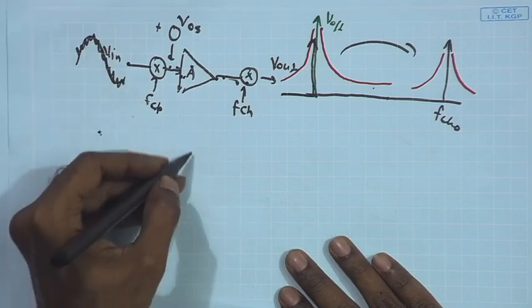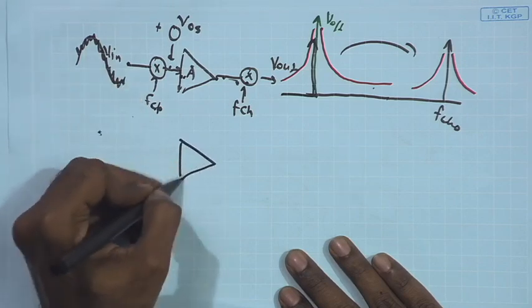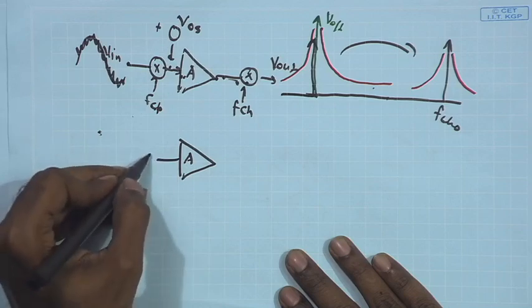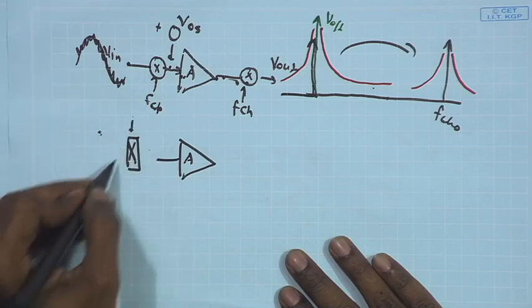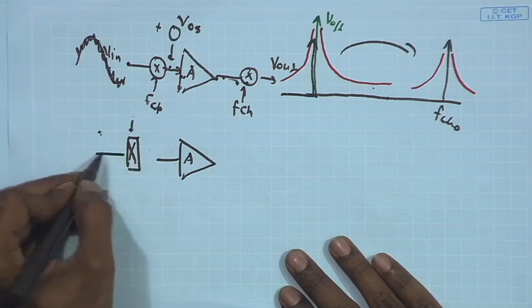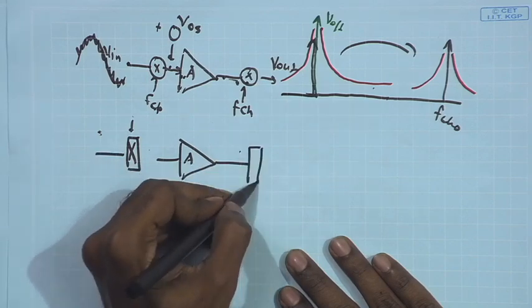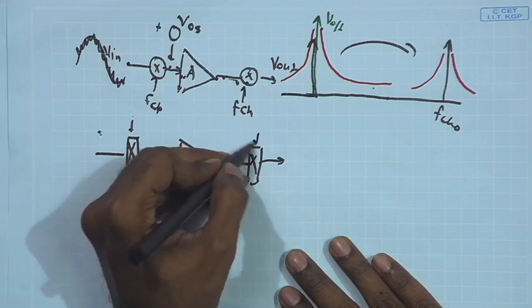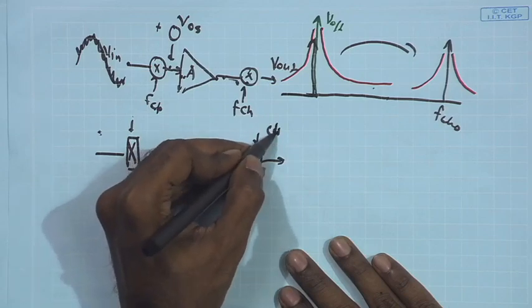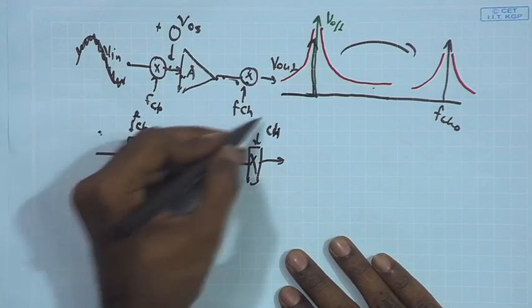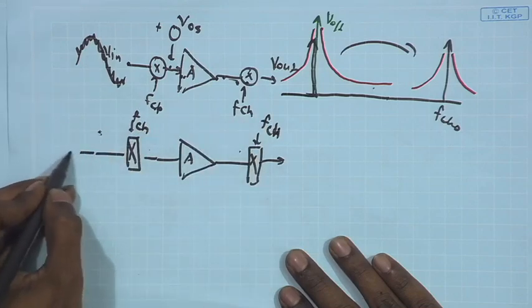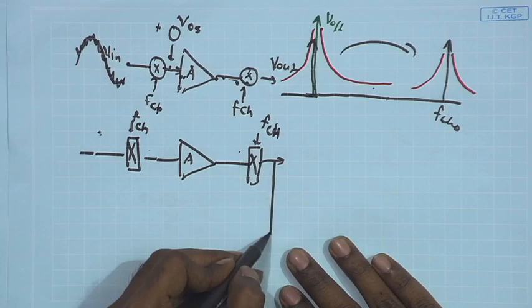For that, this is the main amplifier, and let me represent the chopper as this rectangle, and I have the anti chopping over here. So, after this my signal is going to come back to the original frequency, and I establish a feedback.